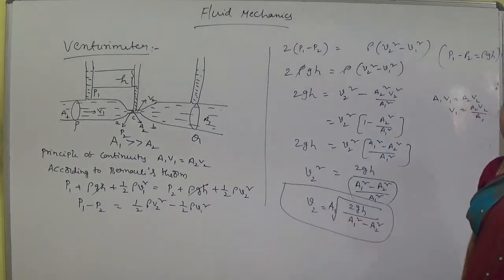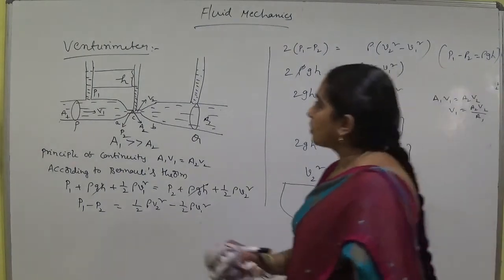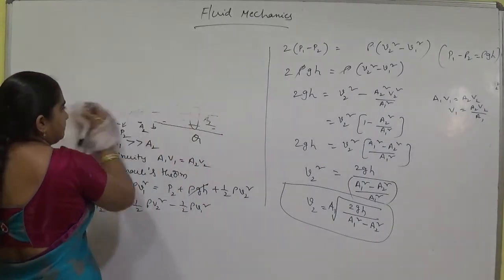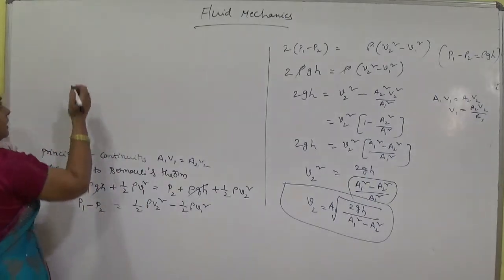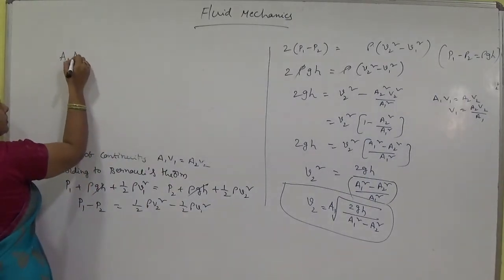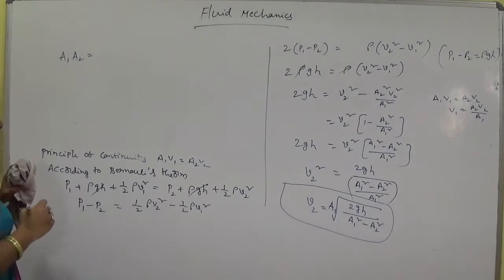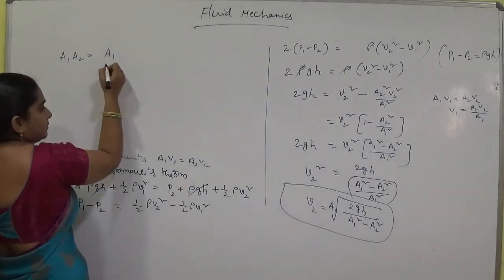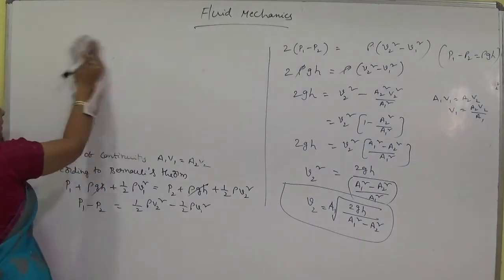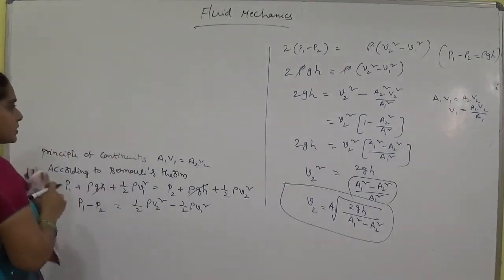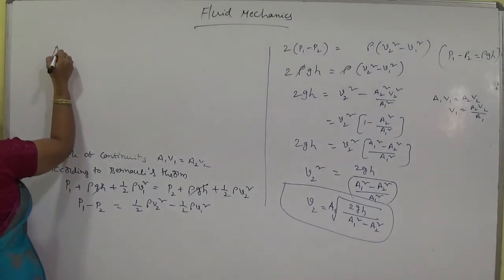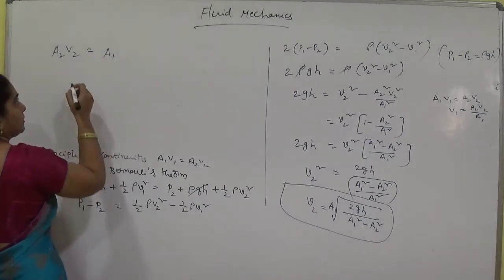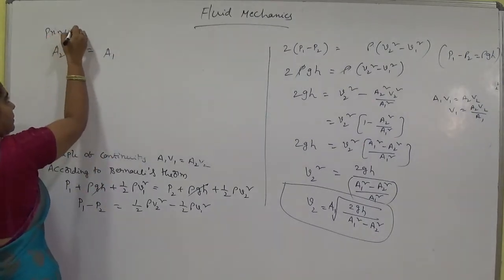This is the velocity. Now let V be the velocity of the fluid; then A1 V is equal to A2 V2, by the principle of continuity.